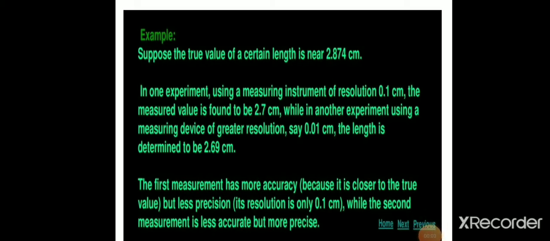The first measurement has more accuracy because the value 2.7 is closer to the true value 2.874. But it is less precise because it has only one digit after the decimal point. But the value 2.69 is less accurate but more precise because it has got two digits after the decimal point.